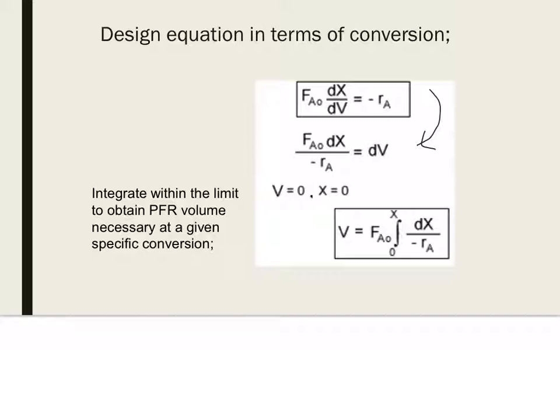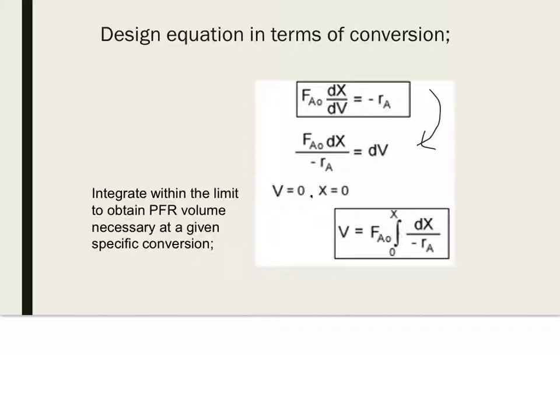As we increase the reactor volume, we allow reactants to stay longer in the reactor, and we expect more conversion out of it. So to evaluate the PFR volume, we integrate both sides, dV, and integrate dx over RA.